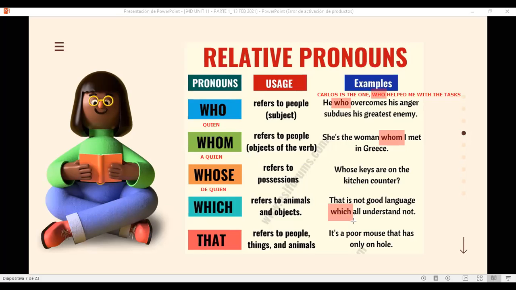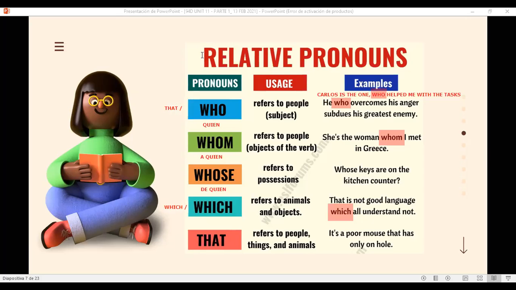And we have the relative pronoun that, que se convierte en un pequeño bonus, por así decirlo. ¿Por qué? Porque ustedes pueden ocupar who o that. Okay, we can use who or that para referirnos a personas, or you can use which or that in order to talk about objects or animals.